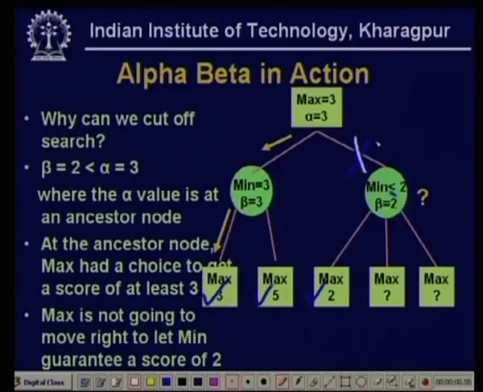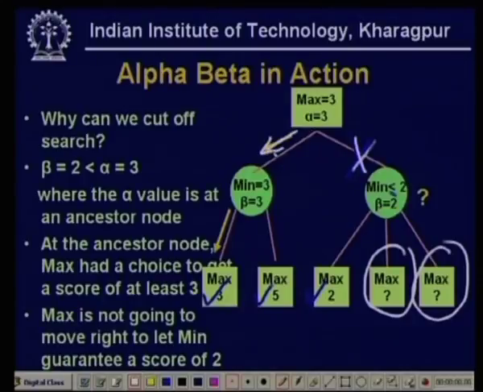So, the rest of this path can be pruned off, which means that these nodes need not be explored. And the optimum path for max is along this path and for min here it is along this path.